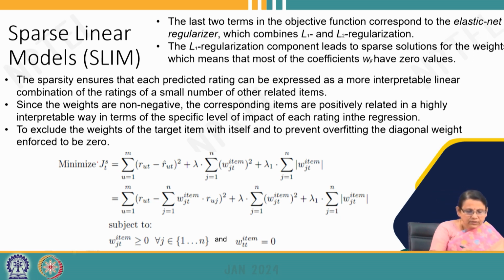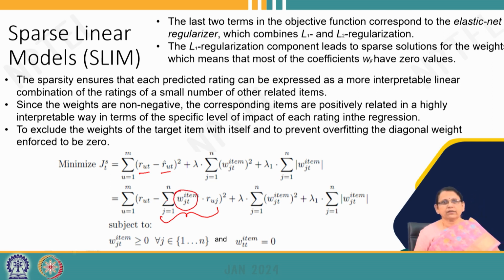For user u equal to 1 to m, for whatever items it has rated, which is available through your model, this is your model, and here you are supposed to determine this one. So, the item-based similarity of the jth item with the tth item has to be determined.